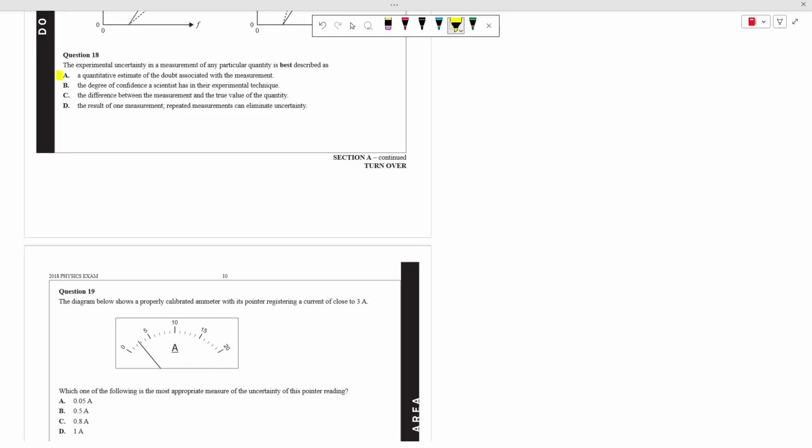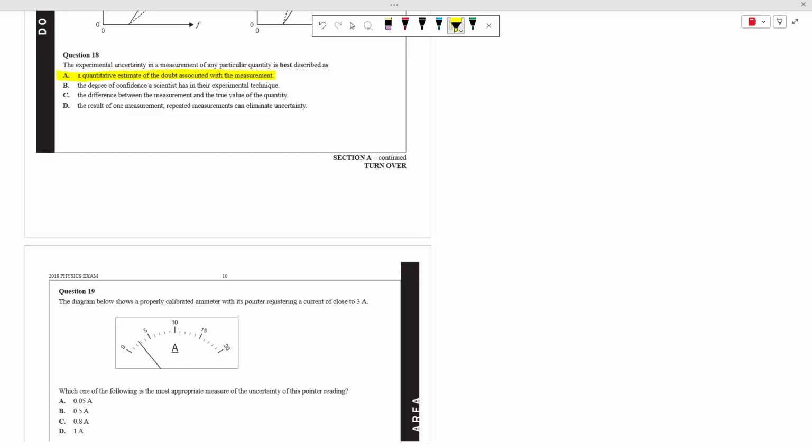Okay, so I'm going to go with A. B is not quite the same thing. That's sort of like whether or not you think the way that you're doing the experiment is right. It's got nothing to do with measuring and being confident of your measurement, right? So it can't be B. C, the difference between the measurement and the true value of the quantity. That's not uncertainty.